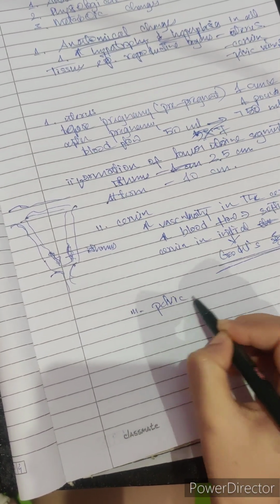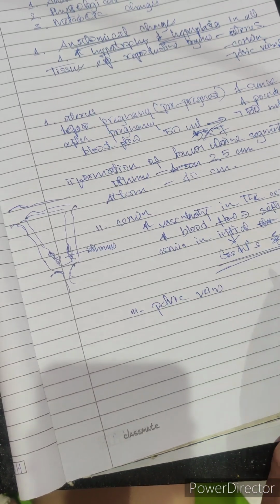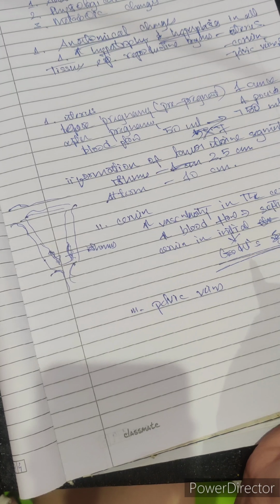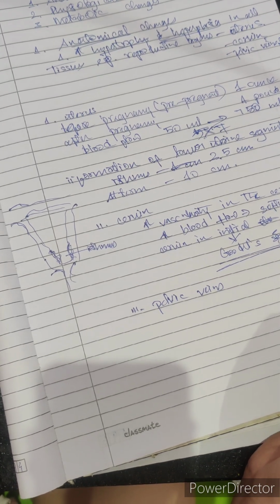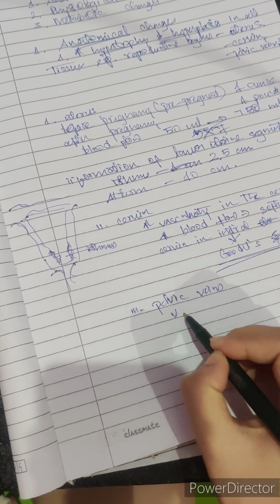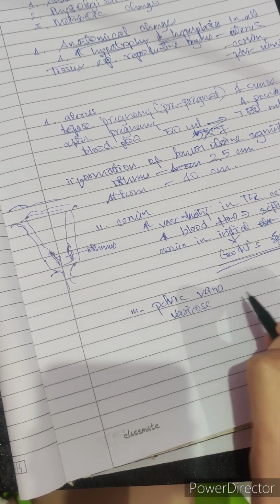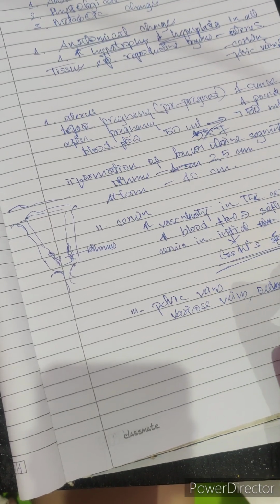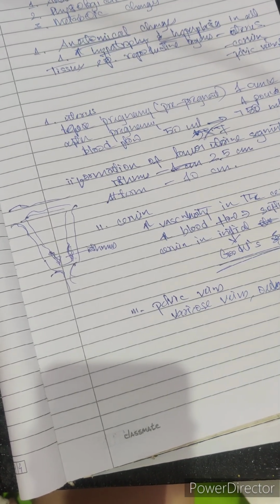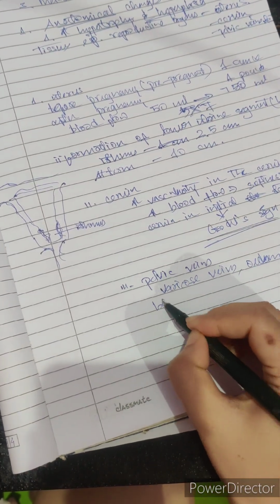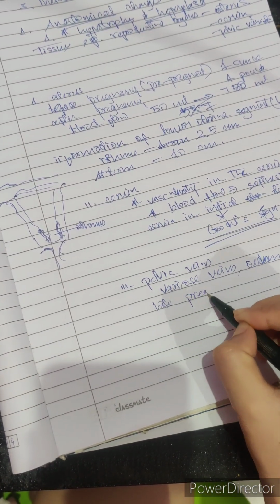So third is the pelvic veins. What happens to the pelvic veins during pregnancy? Due to the pressure of the gravid uterus on the inferior vena cava and the pelvic veins, in late pregnancy there is a tendency for varicose veins and also edema.